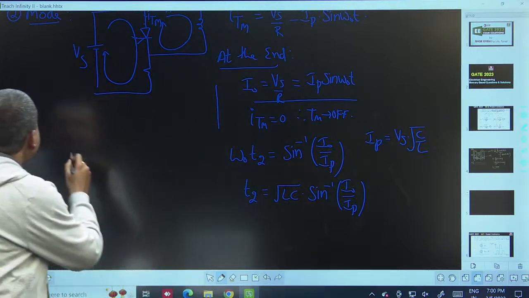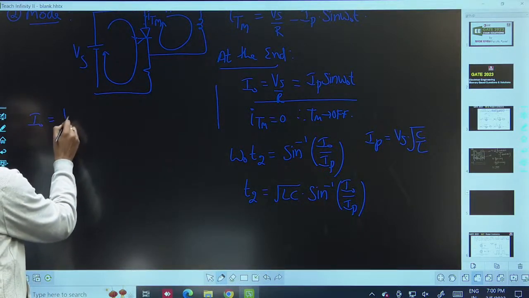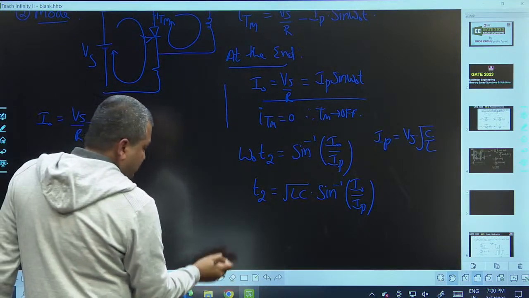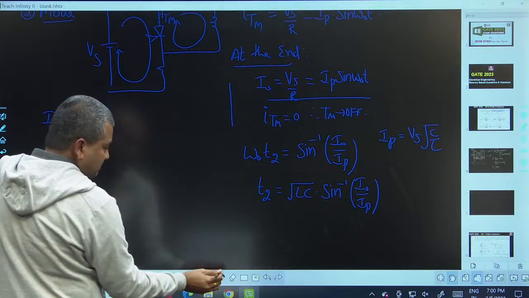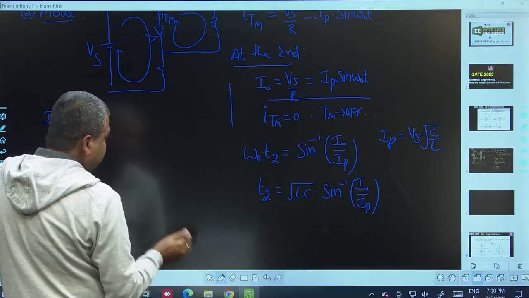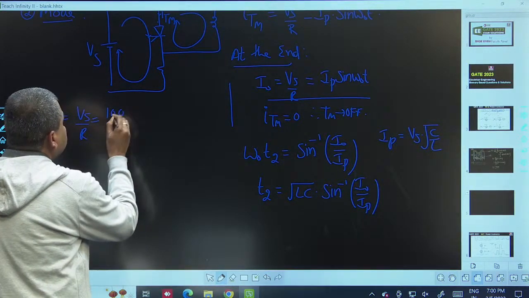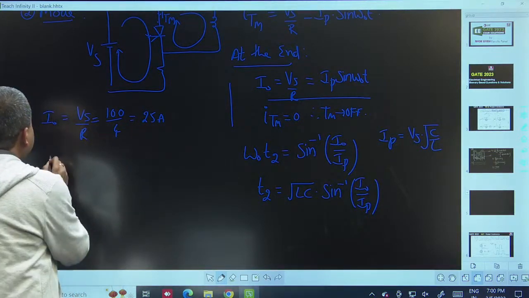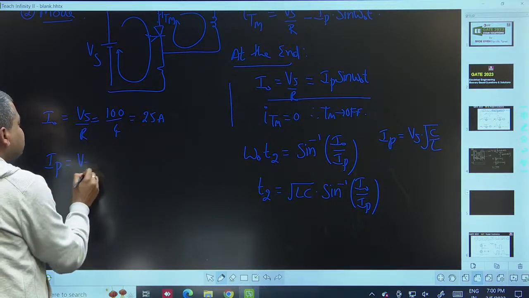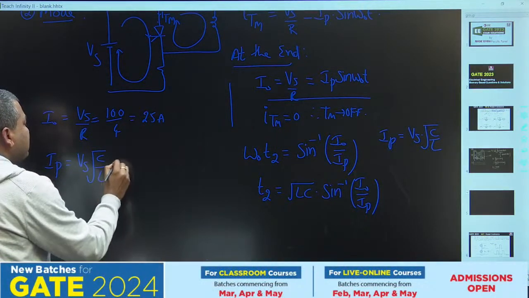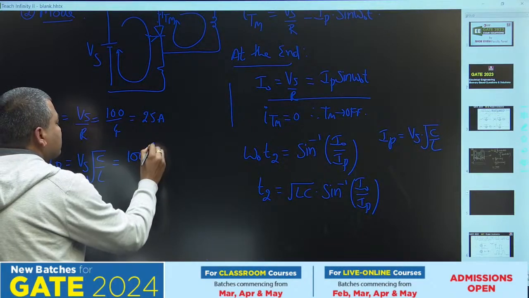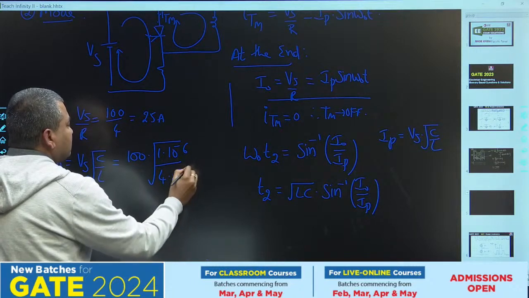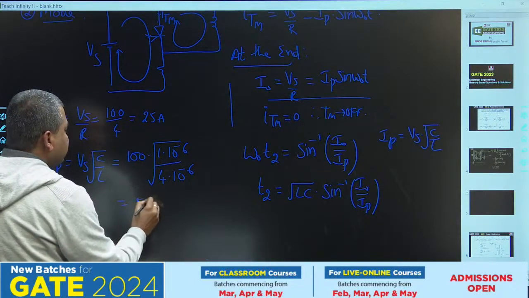So let us calculate the value of I naught, Vs by R. Vs is 100 volts, resistance is 4 ohms, so it is 25 amperes, and IP is equal to Vs into square root of C by L. So 100 into square root of 1 micro by 4 micro. So that comes to be 50 amperes.